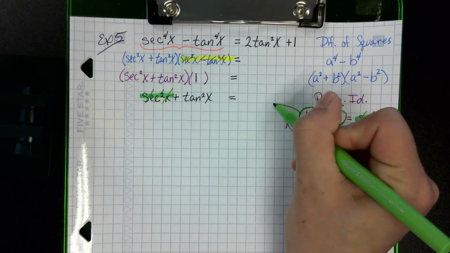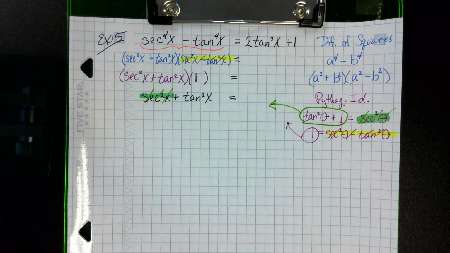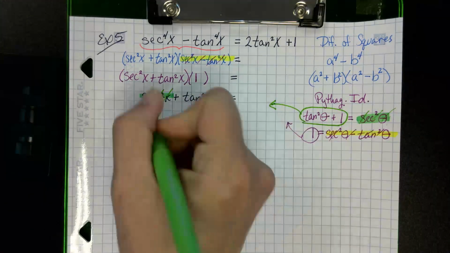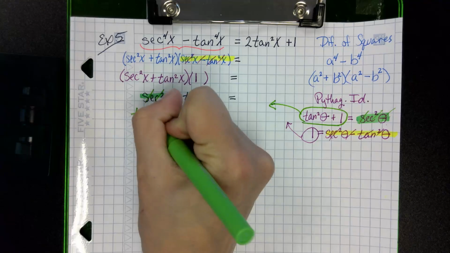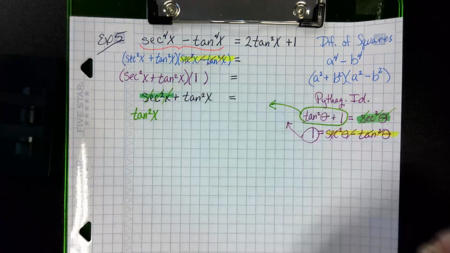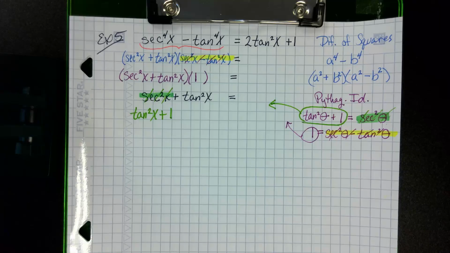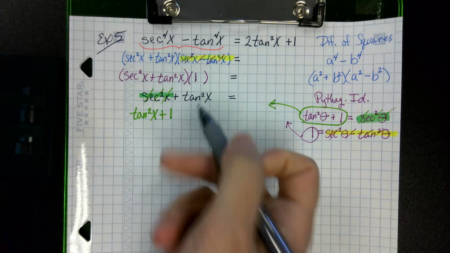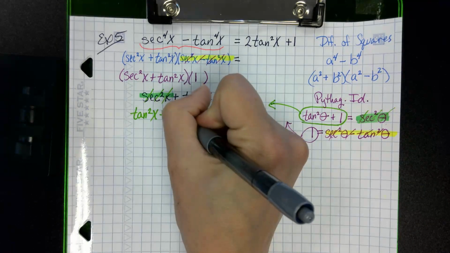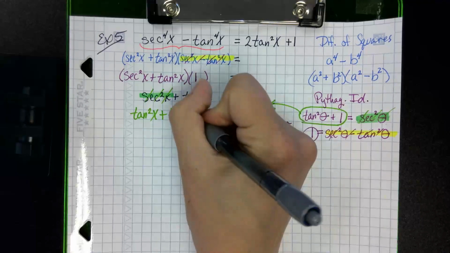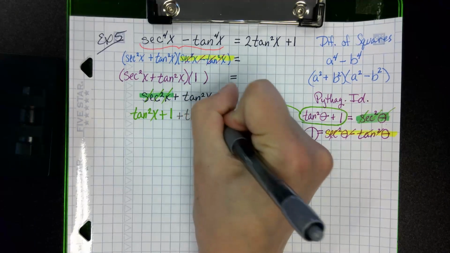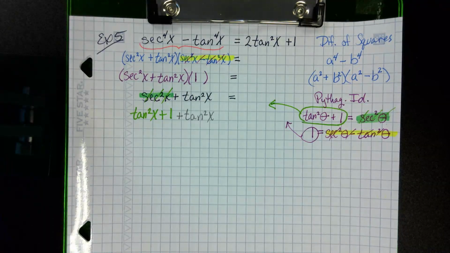Even though it's technically more complicated, it's more suitable for our needs. So I'm going to put in tangent squared x plus 1. And I still have tangent squared x. So plus tangent squared x. And it equals whatever's on the right.